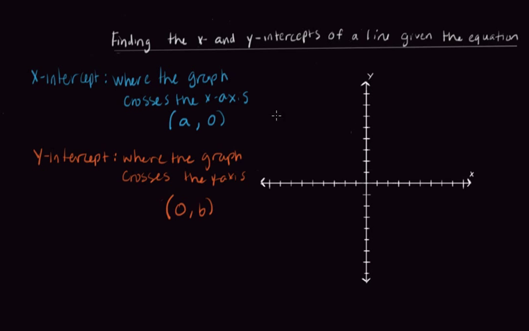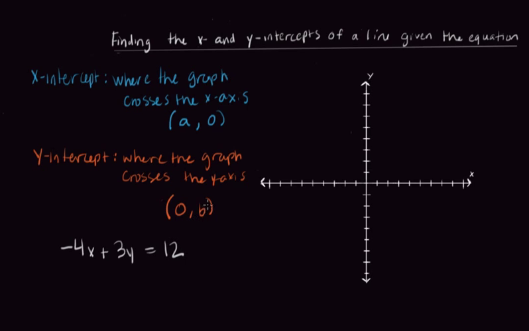So if you have an equation and you want to find the x and y intercepts, then this is what you can do. So let's say we have the equation negative 4x plus 3y equals 12.